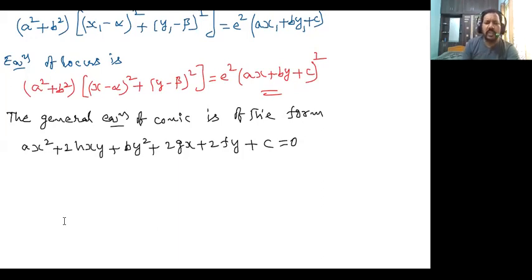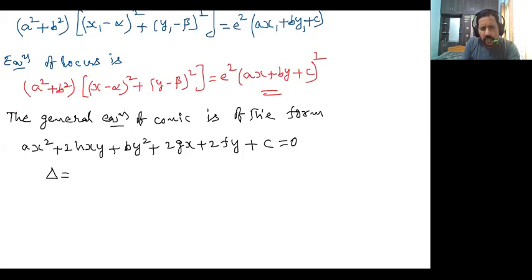When it represents either a parabola, ellipse, hyperbola or circle, whatever it may be, how do we recognize the conic section? Here we know the delta formula.